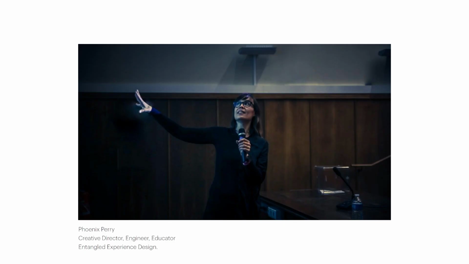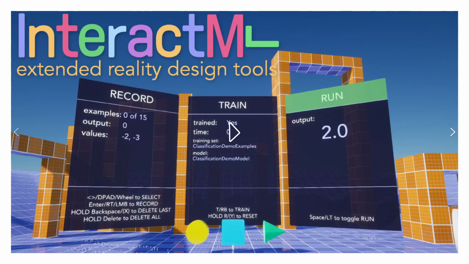So to start with, I am going to talk a little bit more about my project InteractML. InteractML was an interface slash software slash plugin that I created to really encapsulate a part of my creative process where I was using interactive machine learning inside Unity. And that was not easy.